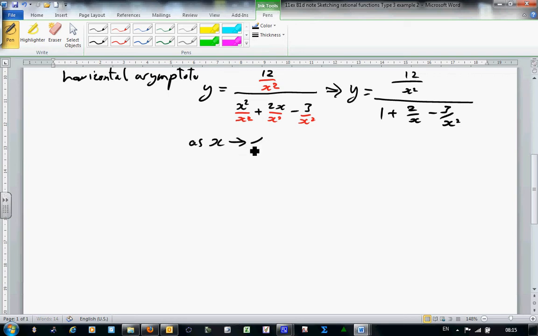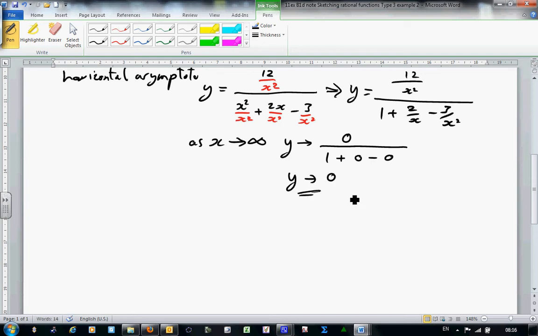Well, y is going to tend to 12 over something really big squared, which is 0, over 1 on the bottom. 2 over something really big is 0, and 3 over really big is 0, and we end up with 0 divided by 1, which is 0. So again we have a horizontal asymptote at the x-axis.